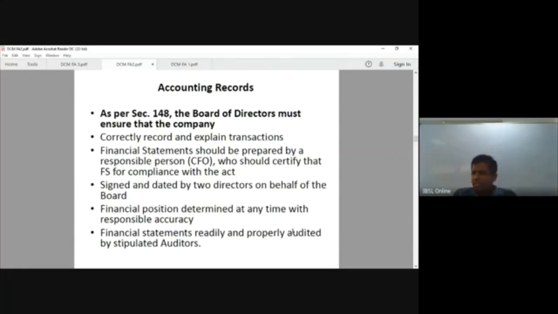Now, these days, all the banks are preparing their annual reports. This is a point that you should note under accounting records. If you take section 148, the board of directors must ensure that the company... these sections are very important.